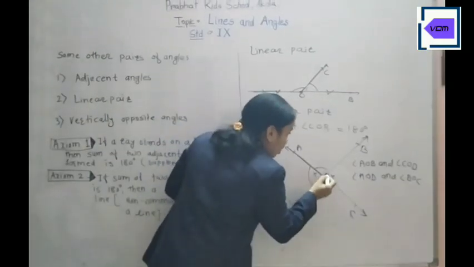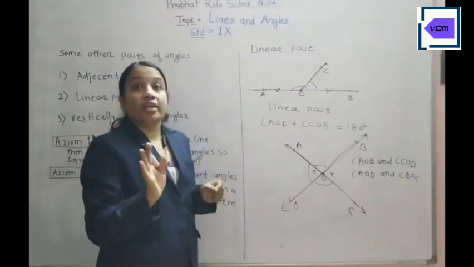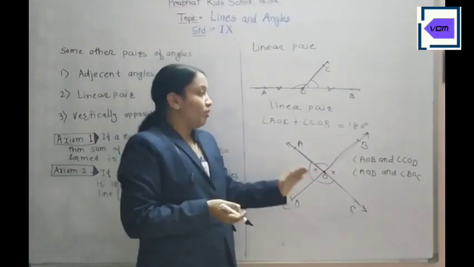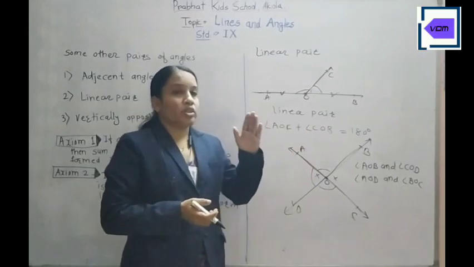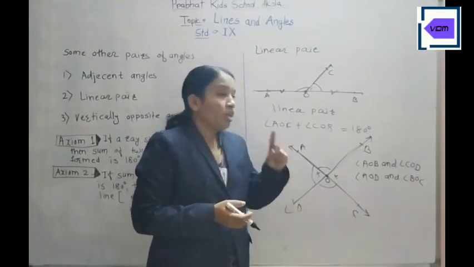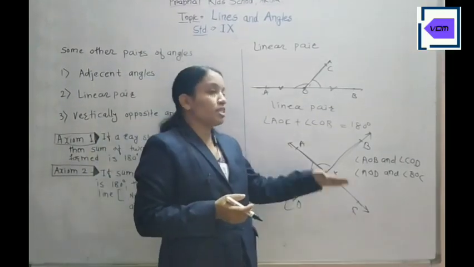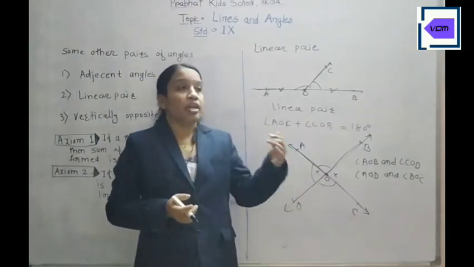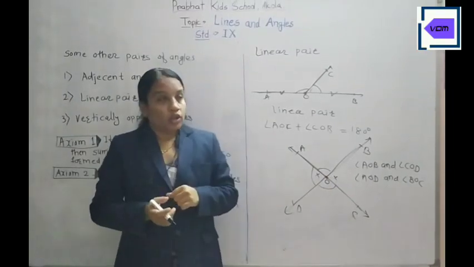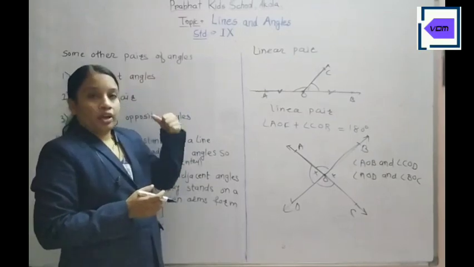Can you observe this? AOB and COD don't have any common arm. So vertically opposite angles are formed when two lines intersect each other. They don't have any common arm and they always form in the opposite direction of the vertex. So these are the main three types of pairs of angles.